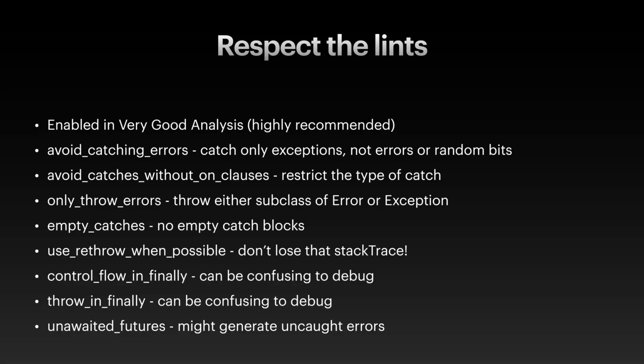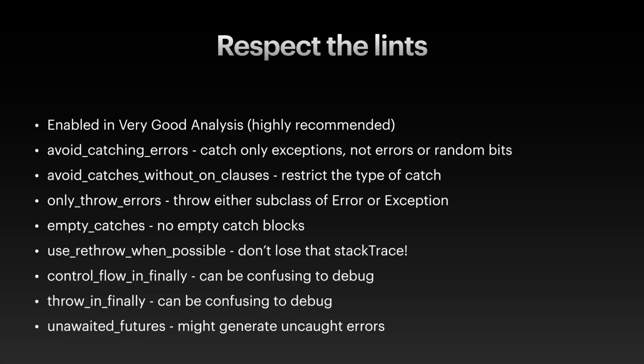Some key lints related to exceptions include: avoid catching errors. That prevents you from catching error types. Avoid catches without on clauses. This pushes you to be specific about what you want to catch. Only throw errors. Ensures that you only throw error or exception subclasses. Empty catches. Flags when your catch blocks have nothing in them, potentially hiding errors.